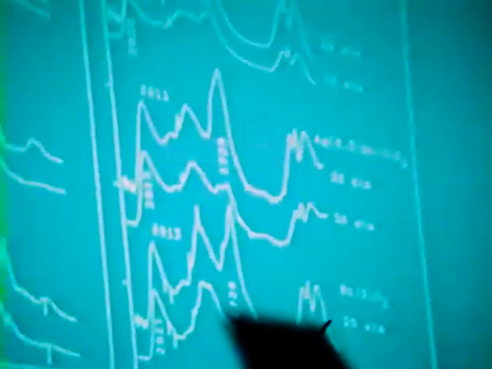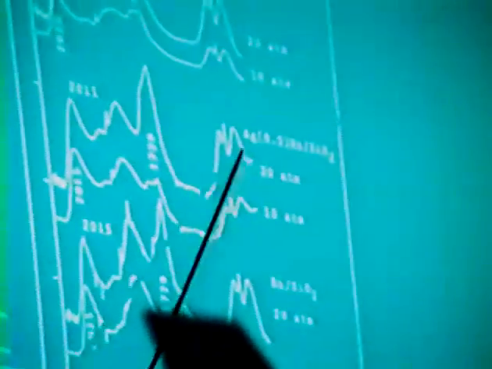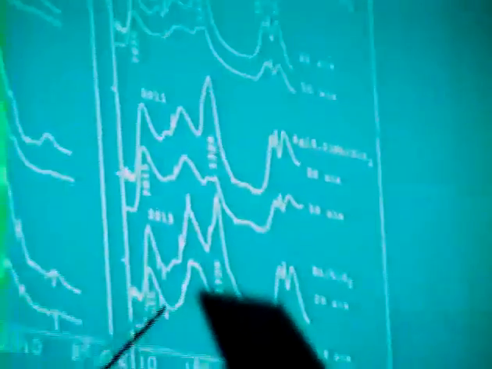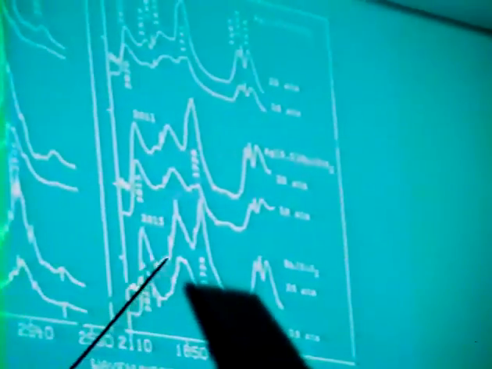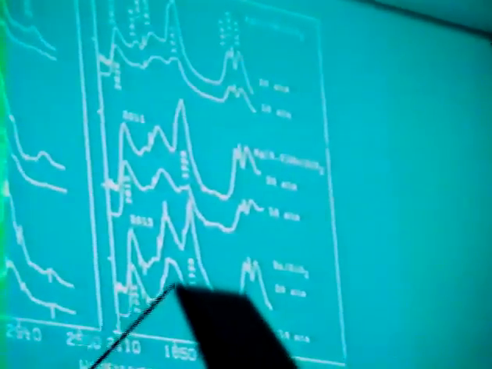Next please. And let's take a look at the in-situ infrared study here. This infrared spectrum and GC result were taken at the same time. As the silver content increases, this is the result of the in-situ infrared study at 10 atmosphere, 20 atmosphere. As we increase the silver content, the ratio of linear to bridge CO increases.